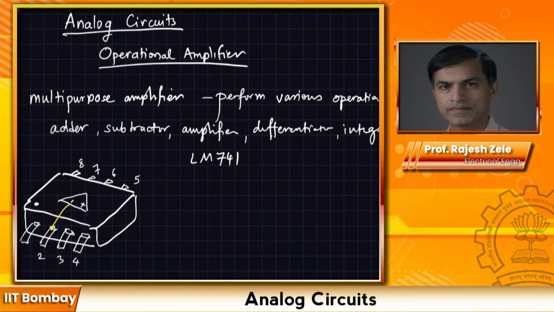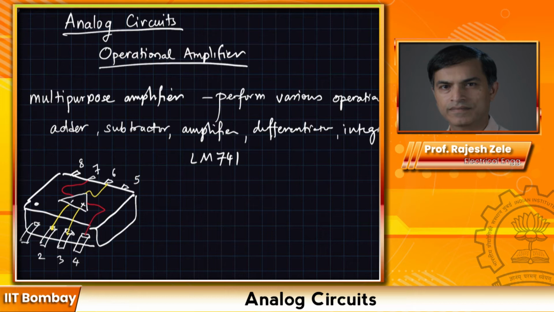The positive input is connected to this one, the negative input is connected to this one, and the output is connected to pin number 6. Then I'm going to use red for supply connections. Pin number 7 is connected to VDD, I think, and pin number 4 is connected to ground. That's what it looks like.